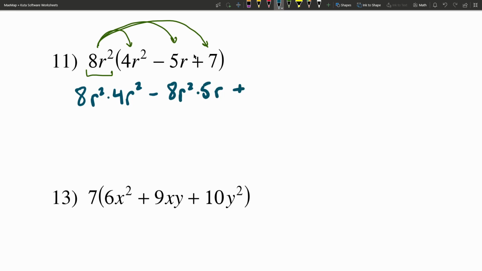And then we're going to add 8r squared times 7. Working this out, 8 times 4 is 32. R squared times r squared, r to the 2 plus 2 is r to the 4th. So 32r to the 4th minus 8r squared times 5r.